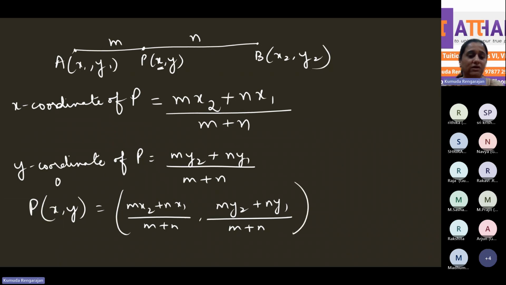Or you can also present it like this: P x comma y is equal to m x2 plus n x1 by m plus n, m y2 plus n y1 by m plus n.